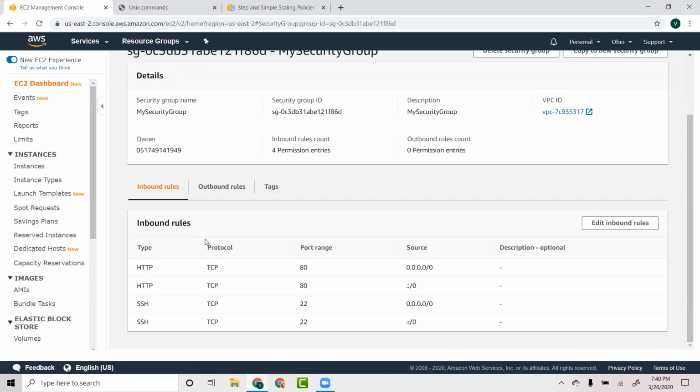So let me ask you one quick question here. Let's take an on-premise data center. We will have a DMZ zone, basically the servers in the DMZ zone are exposed to the external world.